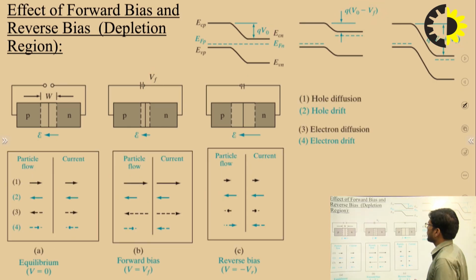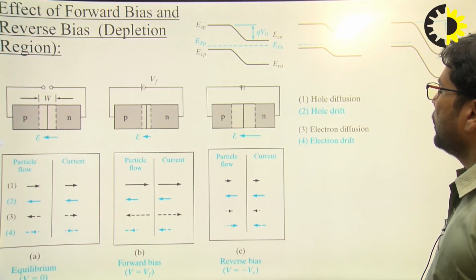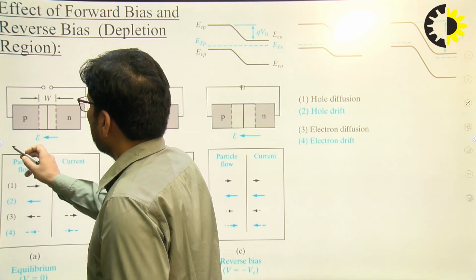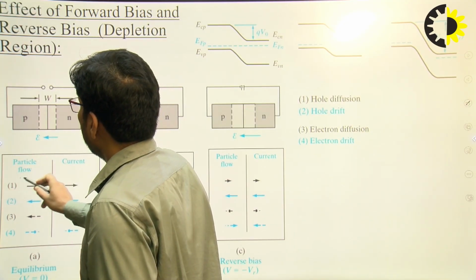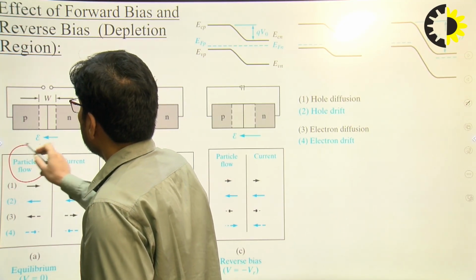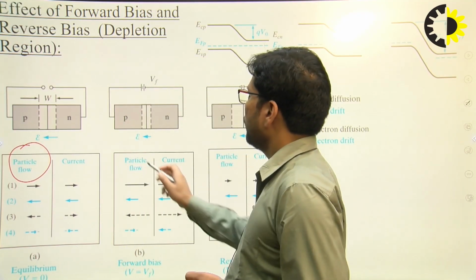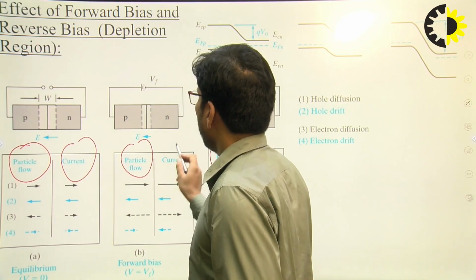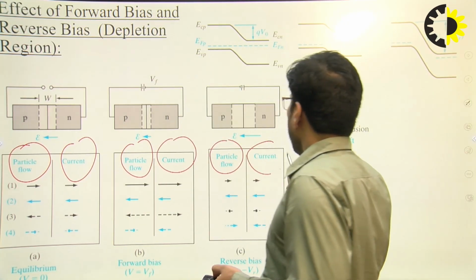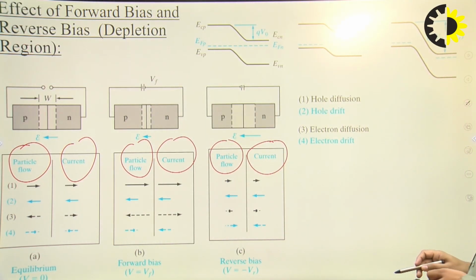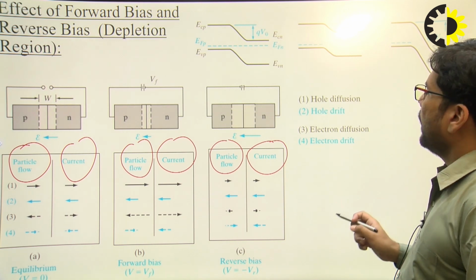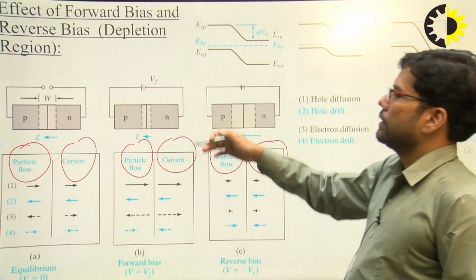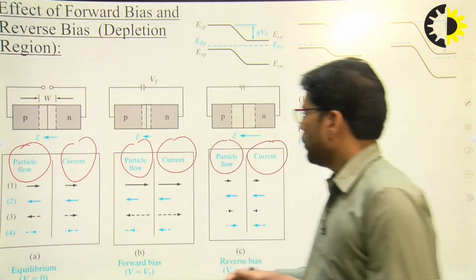And this diagram is showing the direction of particle flow and the direction of current for different biasing conditions, as I discussed in the previous slide. It is clear to understand by looking at this diagram.